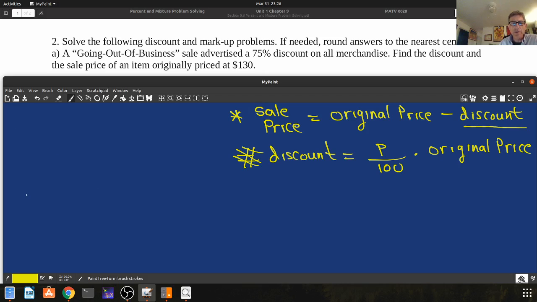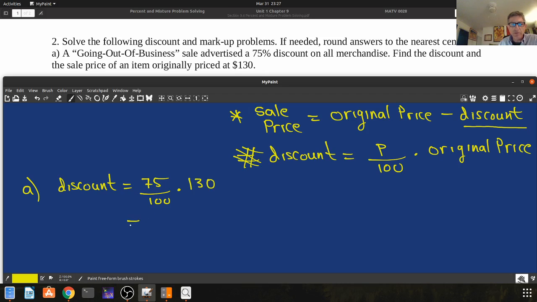So we have a going out of business sale, problem A, and the discount is 75%. Find the discount and the sale price of an item originally priced at $130. So let's find the discount first. So the discount is equal to 75 divided by 100 times the original price, which is $130.